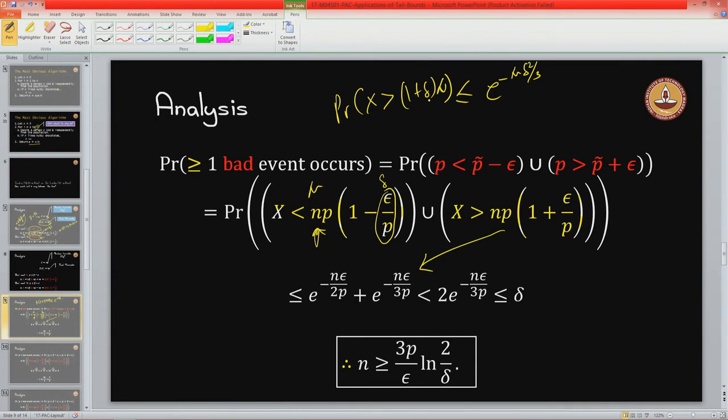So here it's 1 plus delta, you have the 1 plus epsilon by p. Oh yeah, I'm just trying to see why that happened. Yeah, you're right. So let's make sure that we're not missing something.